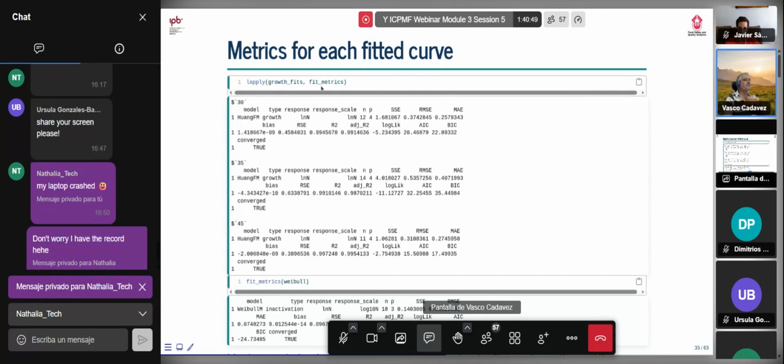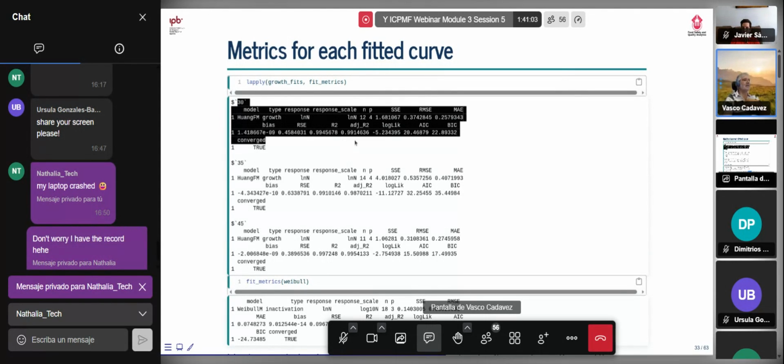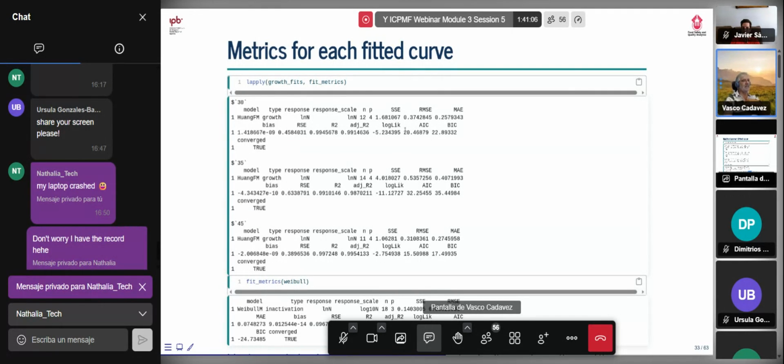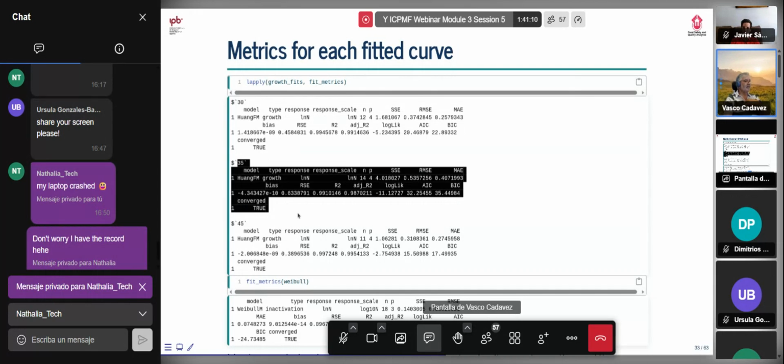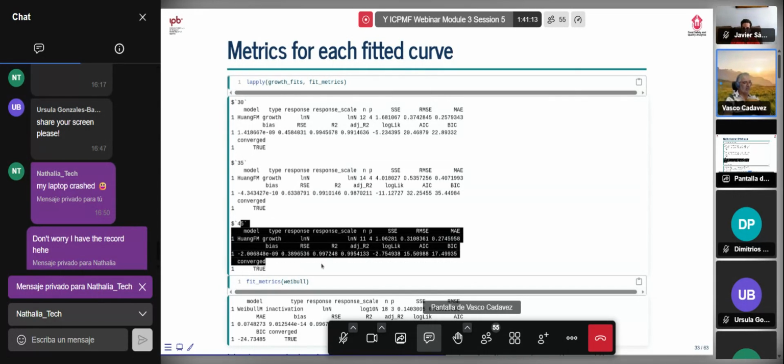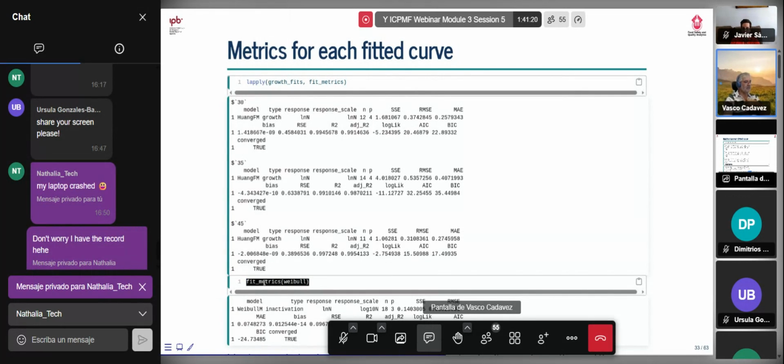You can use the lapply function to apply the fit metrics R function to the GROW fits. Okay, and then you will have the metrics that evaluate the fitting quality for the three environmental conditions. So you can test. Of course, if you have just one, like in the Weibull model, we just use fit metrics and you have the stats here.